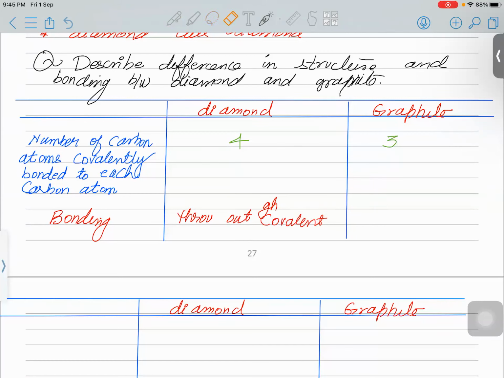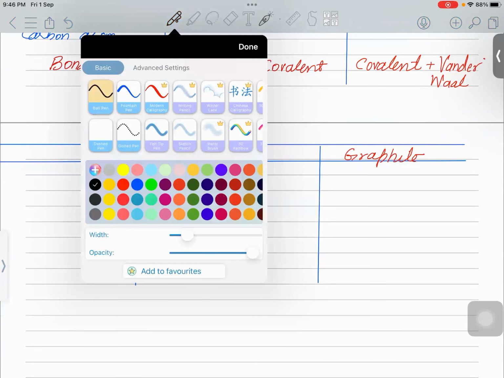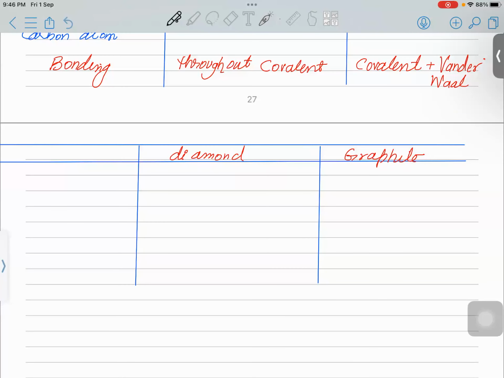While in graphite, it's covalent and van der Waals both. Very good. Covalent plus van der Waals.